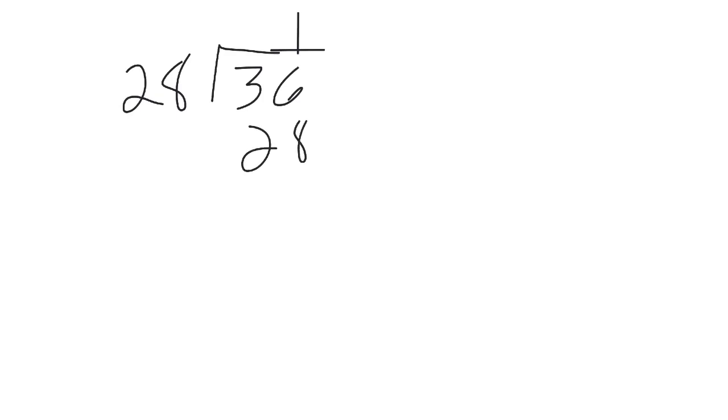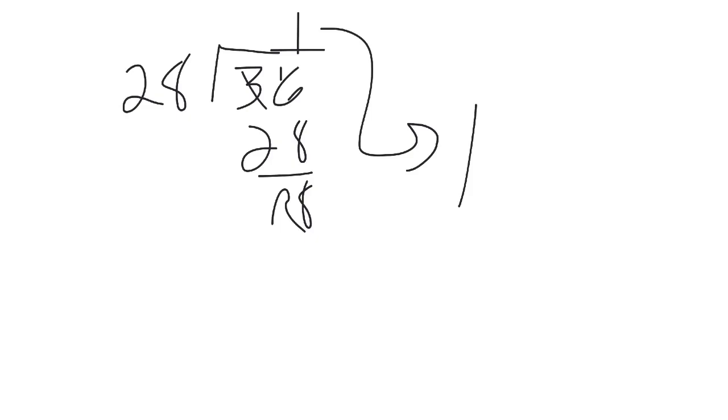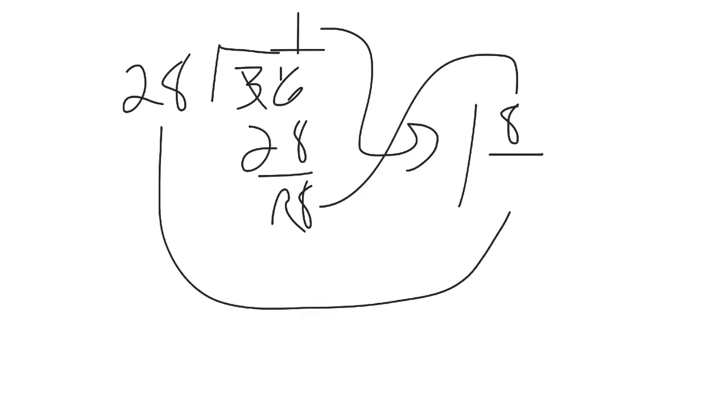So I want to come back to that one that I did on the previous screen, 36 divided by 28, just because I ran out of space. So 28 goes into 36 one time, leaving you a remainder of 8. And so the 1 becomes the whole number, the 8 or the remainder becomes the numerator or the top number on the fraction bar, and the denominator does not change.